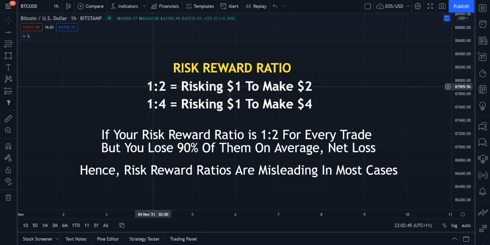I just want to be presenting information, and you guys can do whatever you will with that information. One of the reasons why I don't often add this risk-reward ratio calculation is because it doesn't give you an accurate example of what the actual risk is.